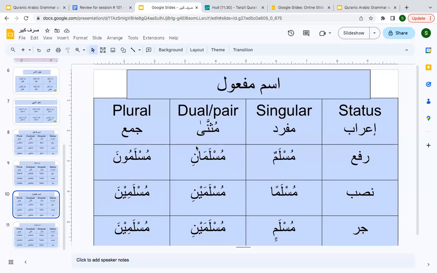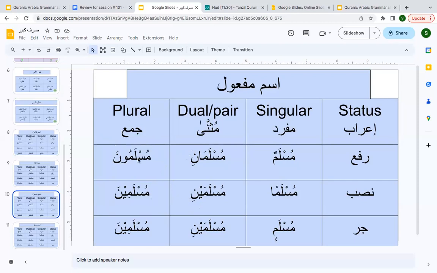It can do anything in your words. It is not like a zarf word such as qabla or tahta. It is different. It is spelled as zarf. So you can go ahead and say Muslimani, Muslamaini.